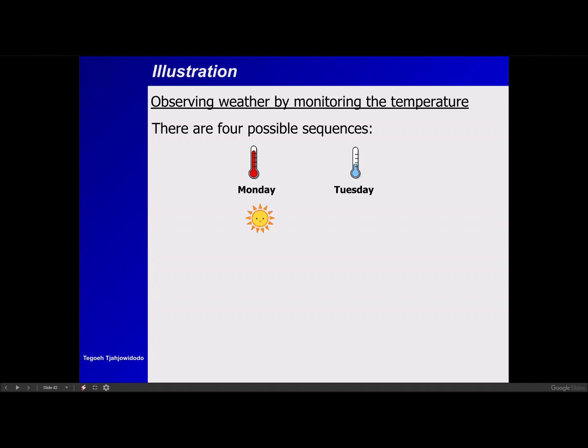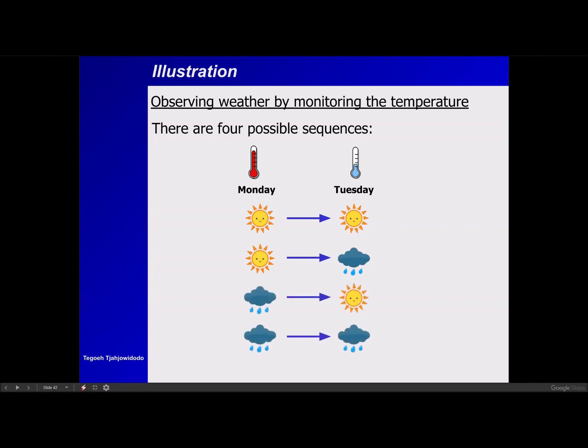So, okay, because we have 2 days, Monday and Tuesday, Monday is warm, Tuesday is cold, there are 4 possible sequences in the air. The first sequence is when Monday is sunny, Tuesday is sunny. The second possibility is when Monday is sunny, Tuesday is rainy. The third one will be rainy, sunny, and the last one will be rainy, rainy.